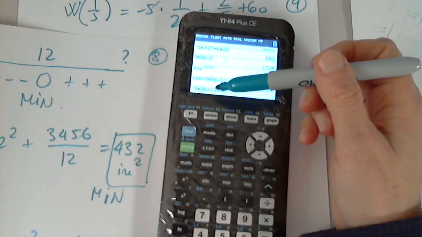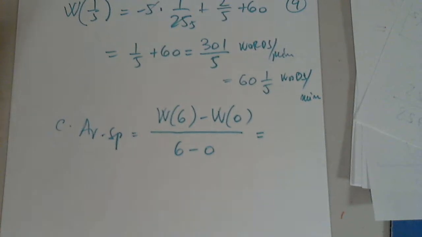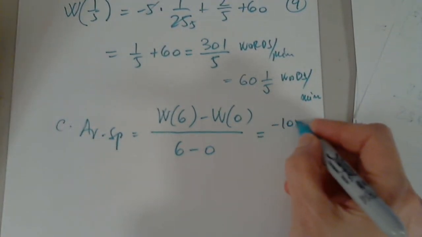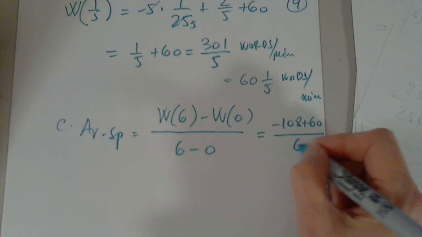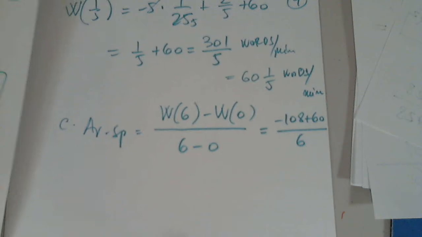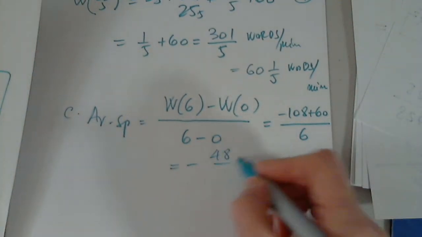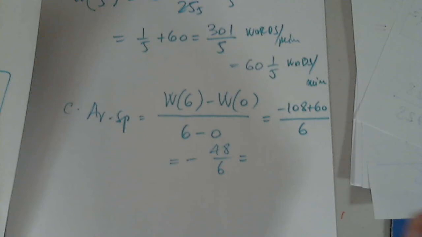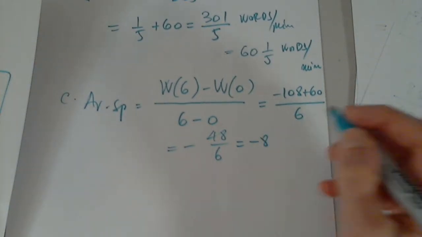Negative 5 times 36, plus 12, plus 60, yes. I got negative 108. So negative 108 plus 60, divided by 6. This is negative 48 divided by 6, and that is negative 8.